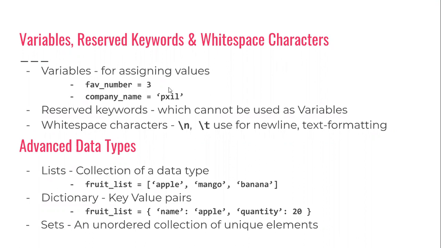For example, I can define a variable called favorite number and assign a value of 3 to it. Similarly, another variable called company name I can create, and I can assign a string of pxi to it. So that is how we define variables.